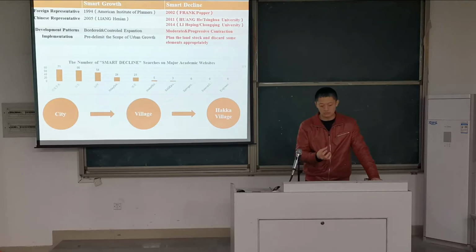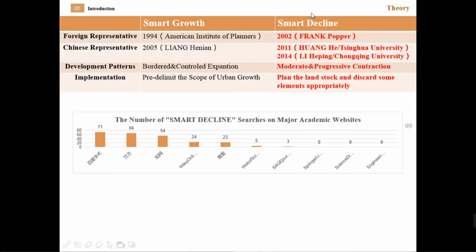According to smart growth, the theory of smart decline came along, aiming at solving this kind of problem by restoring areas instead of developing and expanding them. Just keep the current space.